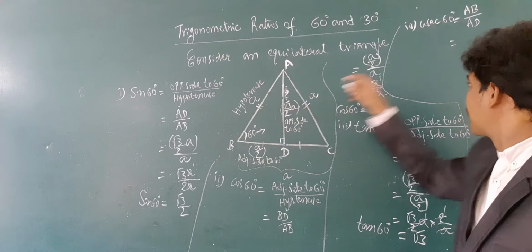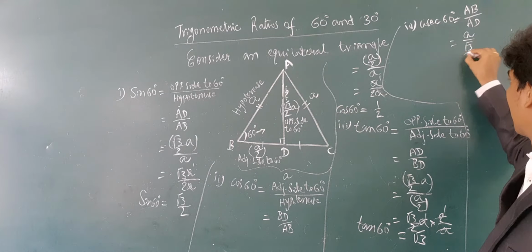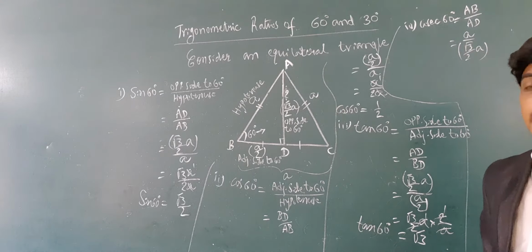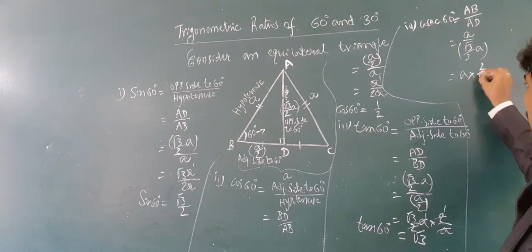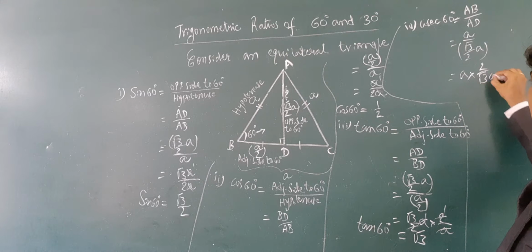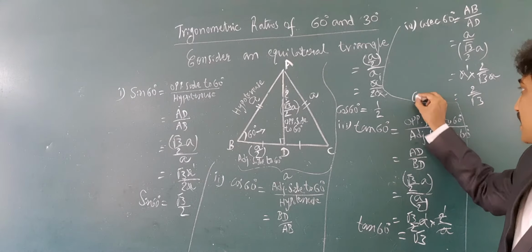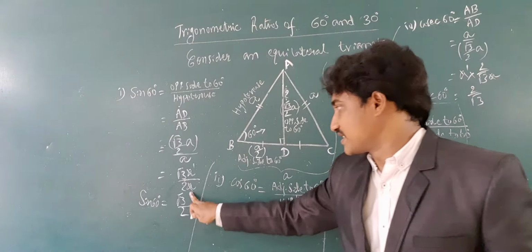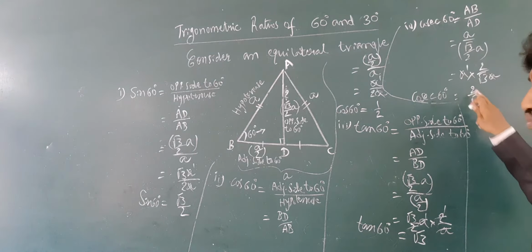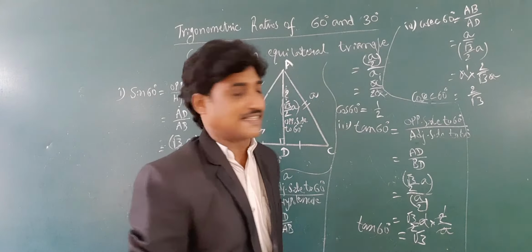AB length A units by AD length root 3 by 2 A, reciprocal 2 by root 3 A. A by A one time, so 2 by root 3. Cosecant 60 degrees value is 2 by root 3. That is the reciprocal of sin 60, root 3 by 2, reciprocal 2 by root 3. Verified.